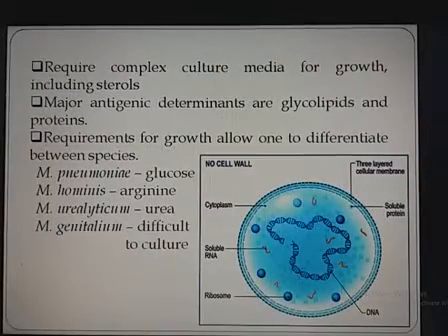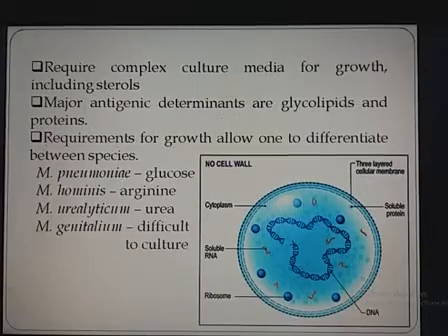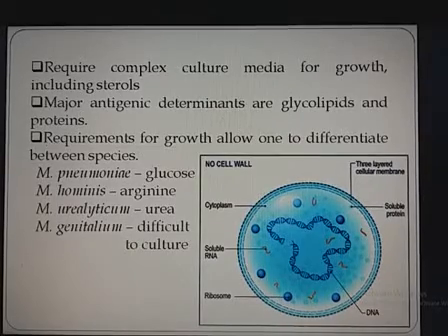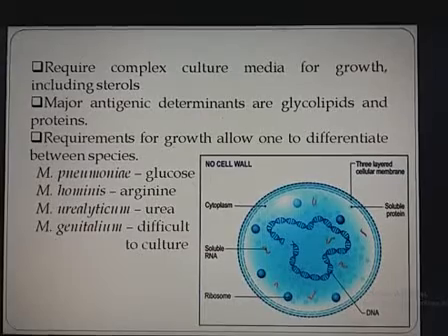They require a complex culture medium for their growth, including sterols. The major antigenic determinants are glycolipids and proteins. Here the antigenic determinants function as infectious molecules to infect the host cell. That means they act as antigens, and the antigenic particles found in the plasma membrane of mycoplasma are chemically glycolipid and proteinaceous in nature.